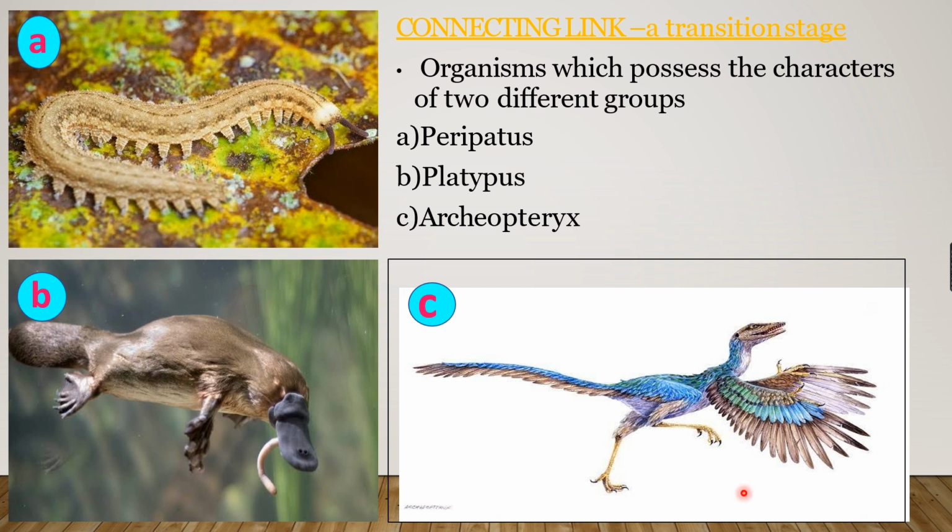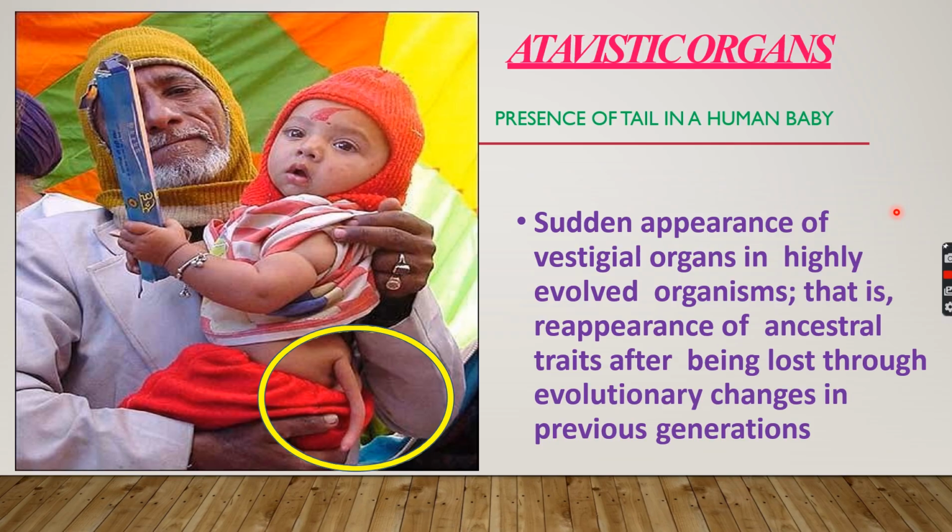Now the next one is atavism or atavistic organs. What is atavism? It is nothing but the sudden appearance of vestigial organs. For example, the presence of a tail in a human baby. You can see a small tail appeared in a newborn human baby.